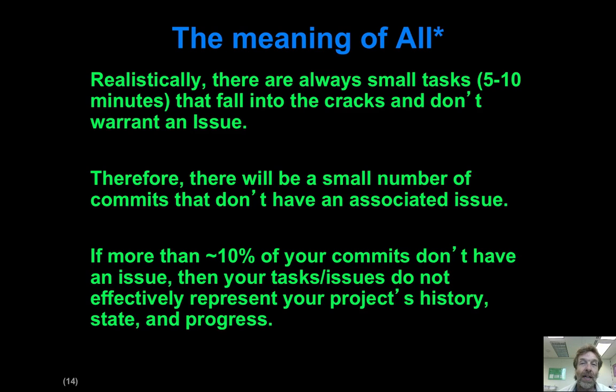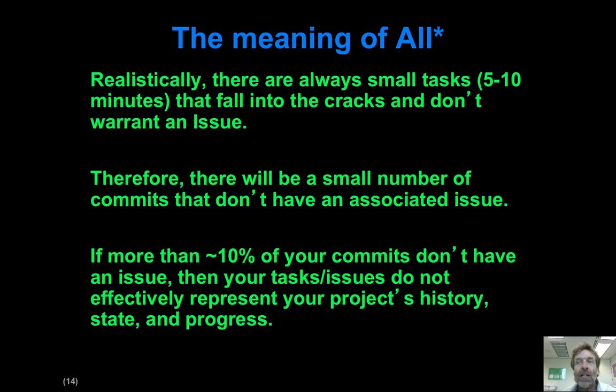Now, I'd say if more than 10% of your commits, which effectively means you make a commit and the commit is not going to have an issue associated with it, okay, a certain amount of that is fine. I'm kind of using a heuristic value here: if more than 1 out of 10 of your commits are not associated with an issue, then that starts to mean that a significant amount of your development process is not being documented.